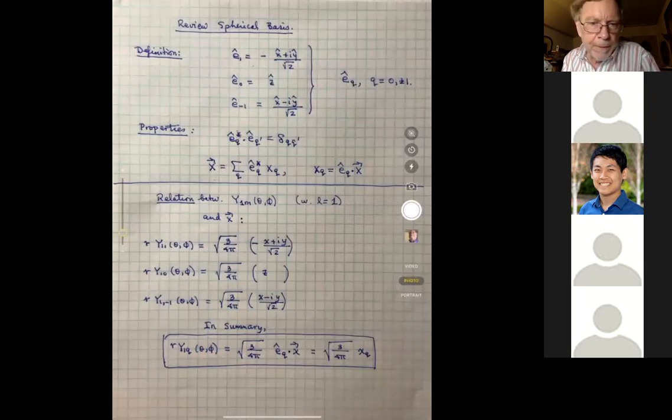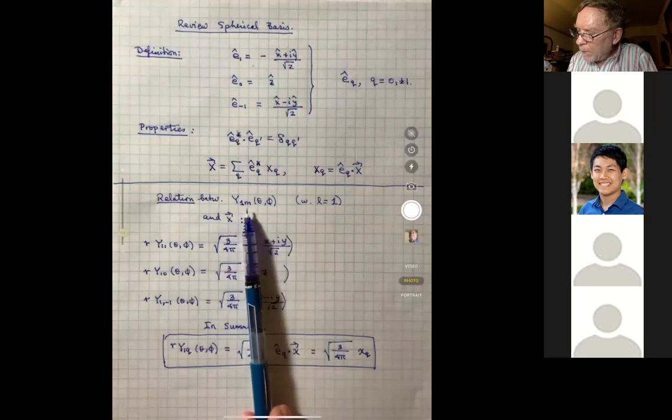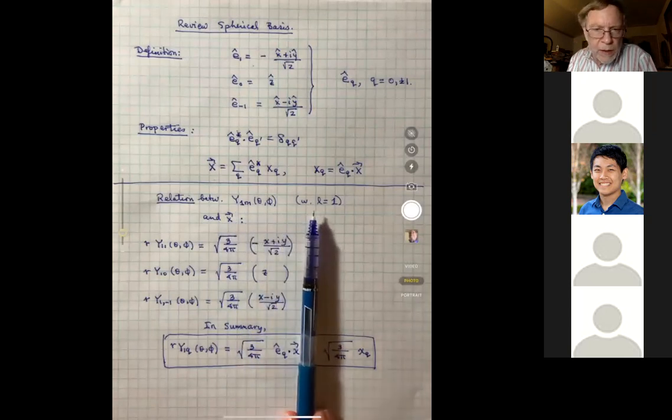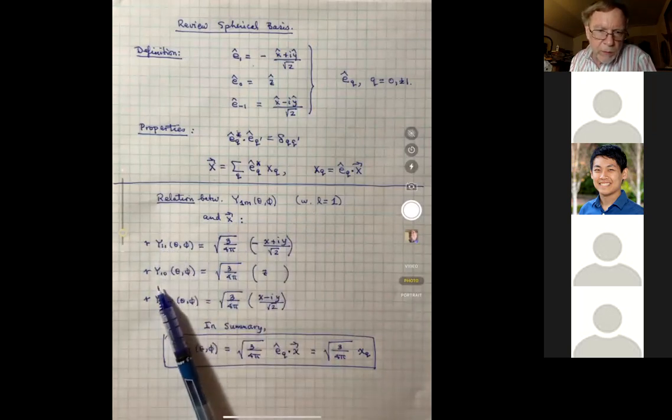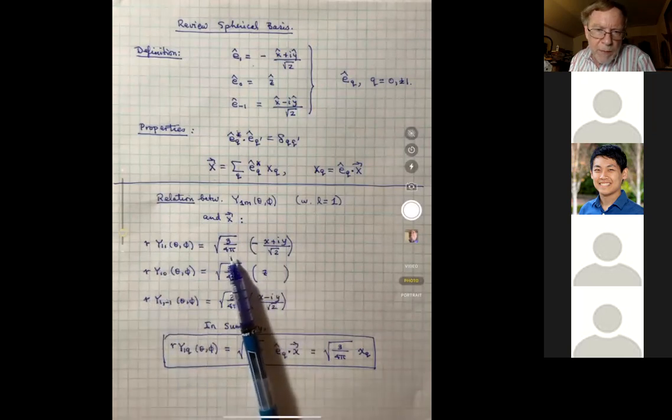At the end of the hour last time, I was in the process of explaining a connection between the spherical basis vectors and the Y_LMs for L equals 1, Y_1M of theta and phi. You get this by just looking up the Y_LMs. Here's the 3 of them, 1, 1, and 1, 0, and 1, minus 1 here. And multiply them by the radius r. If you just look at the formula for them, you'll see that you get square root of 3 over 4 pi as a common factor.